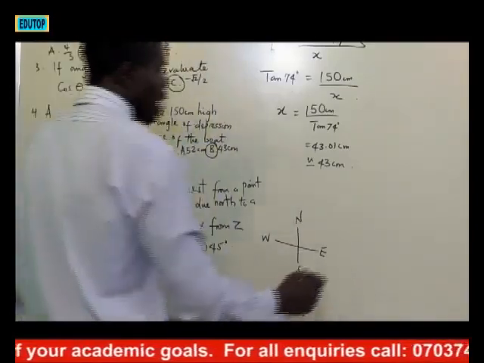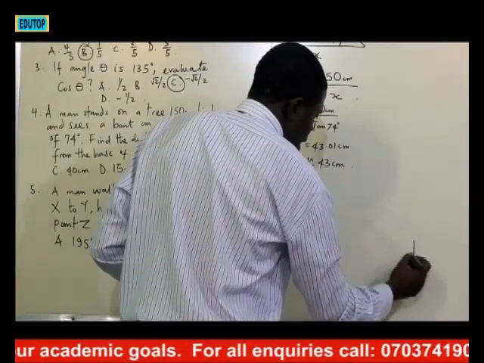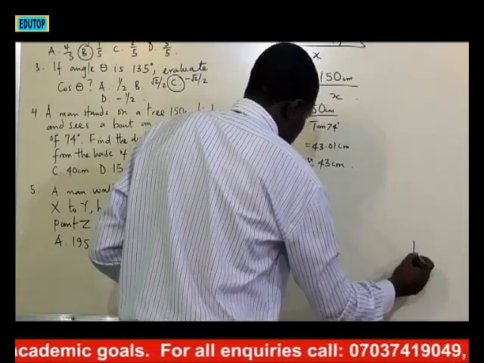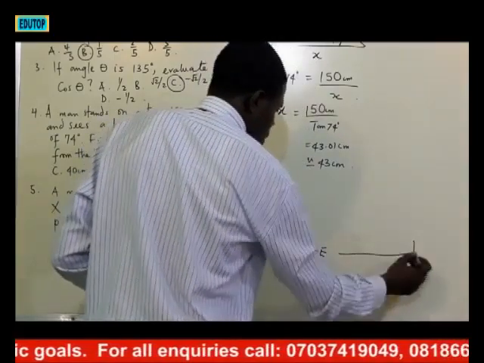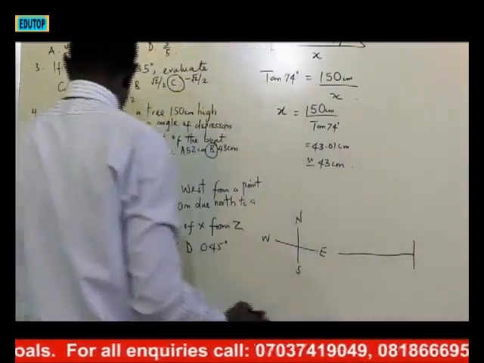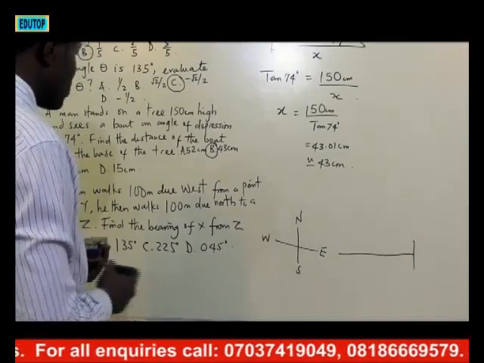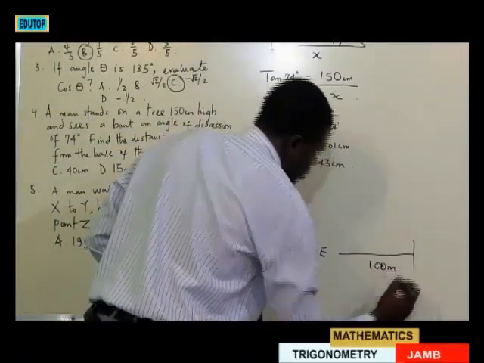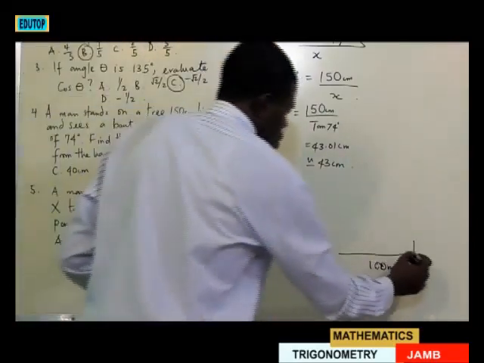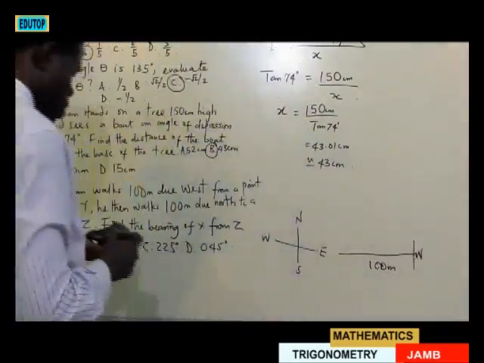So let's say the man is somewhere here, and the man is walking due west. So it's moving like this, because this is the west direction. The man walks 100 meters due west. So we can call this place 100. You can say this place is 100 meters. And it's coming from what? West. This is our west position.